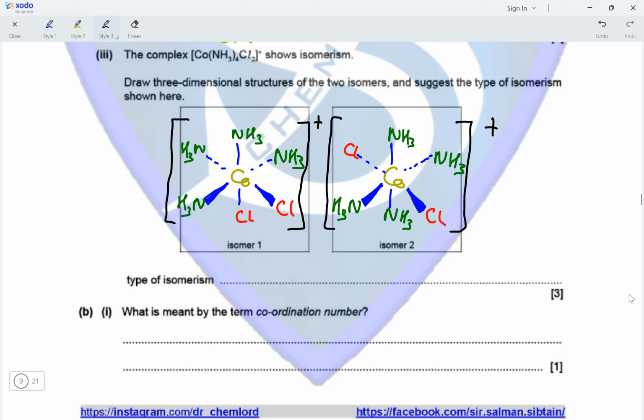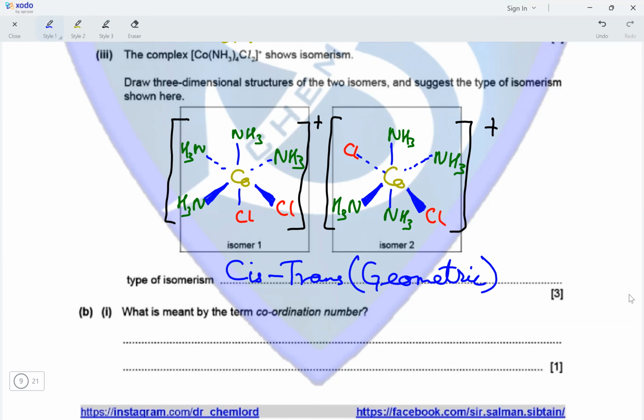So this completes the two isomers. The type of isomerism shown is cis-trans or geometric isomerism. Next, what is meant by the term coordination number?